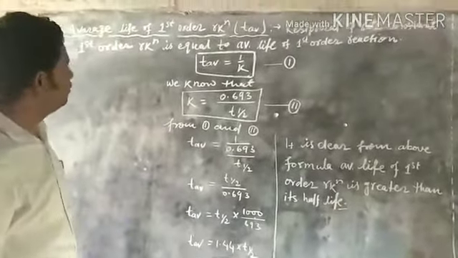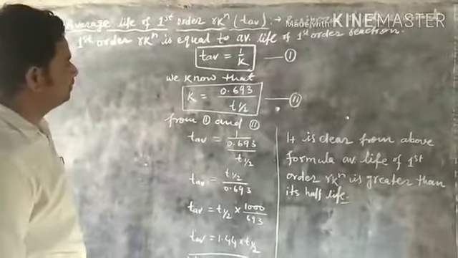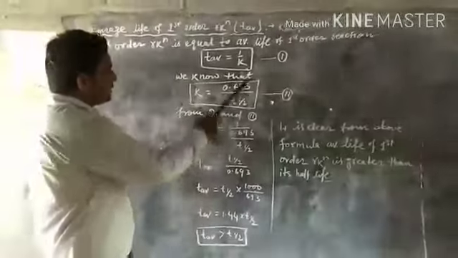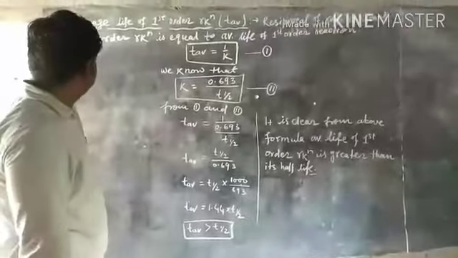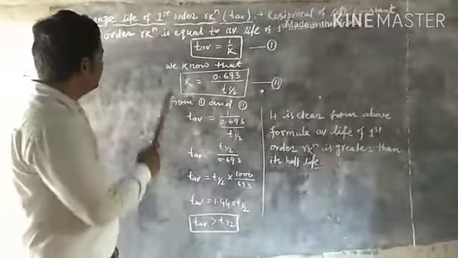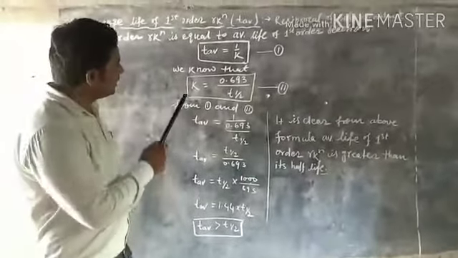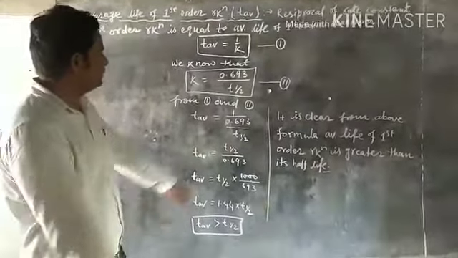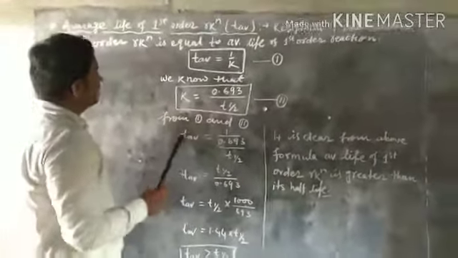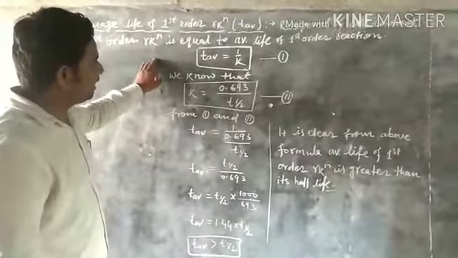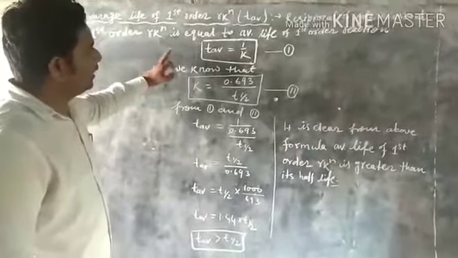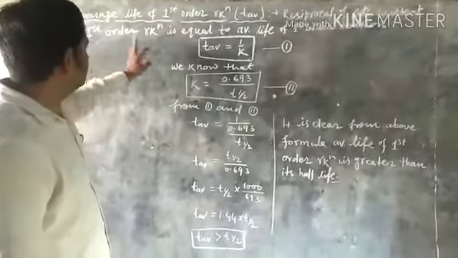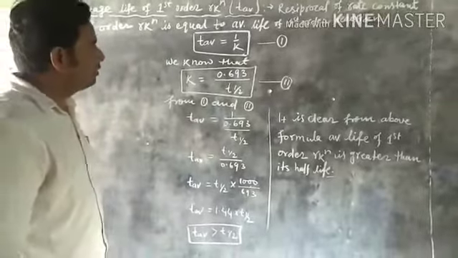Average life of first order reaction, means T average. Reciprocal of rate constant of first order reaction is equal to average life of first order reaction. From the definition it is clear that the reciprocal of rate constant of first order reaction is equal to average life.